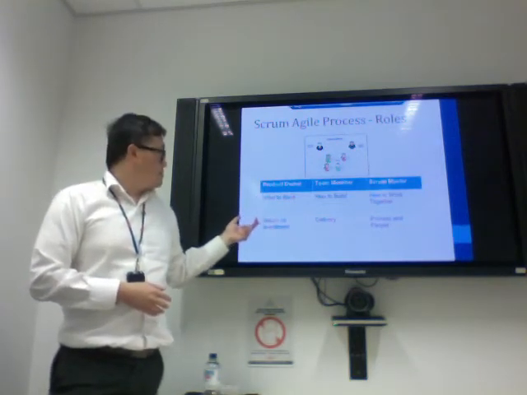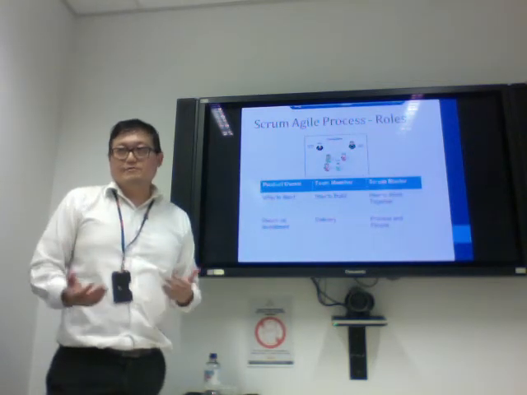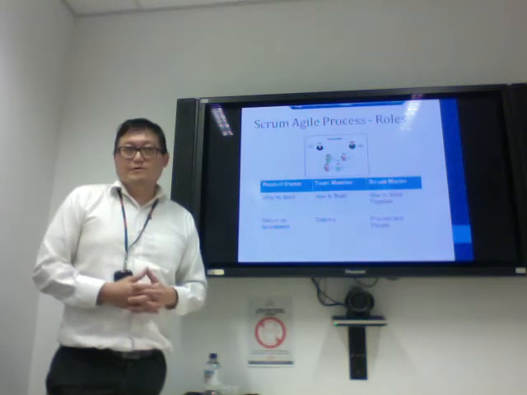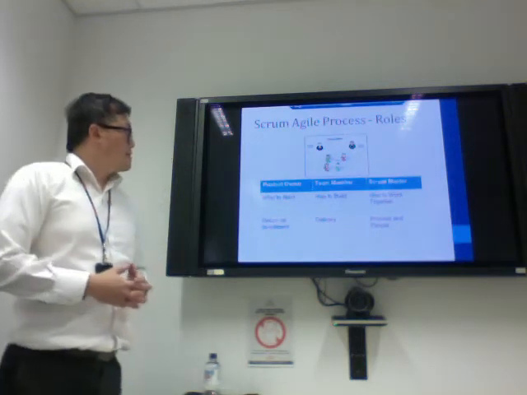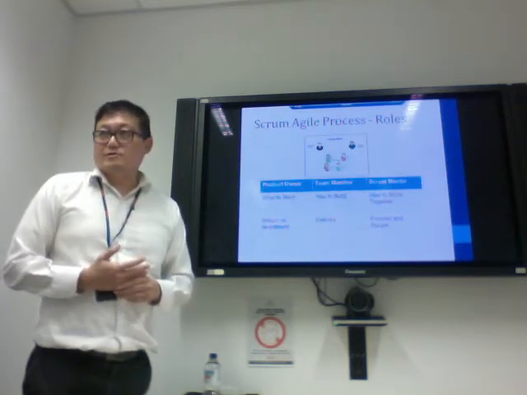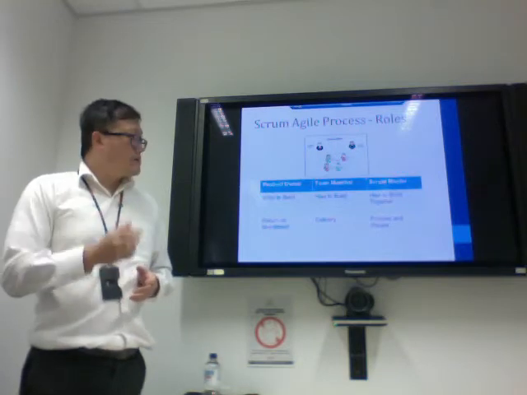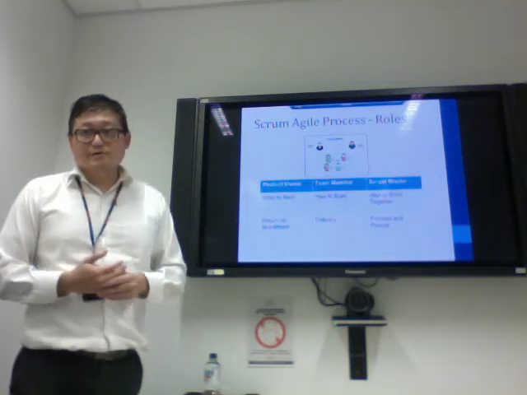He advises the team what is of value, so the team will consult the product owner on prioritization of the tasks. The team members are typically subject matter experts who are responsible for knowing how to build the work, how to get the work done, and how to deliver the work.